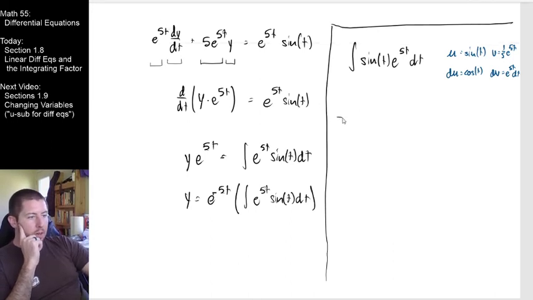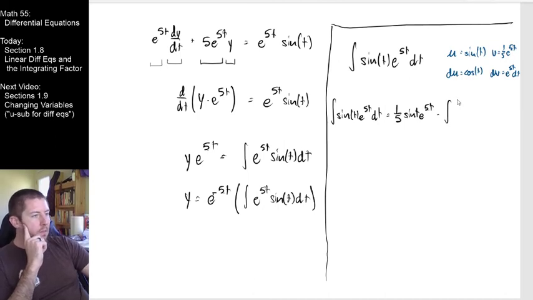This is going to allow me to rewrite this, and I honestly want to get all of this in here so that we can make sure that we see the magic that's happening. So it should be uv minus integral v du.